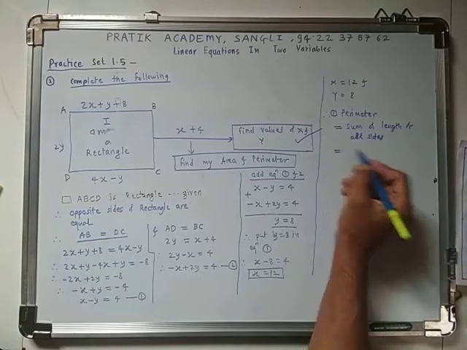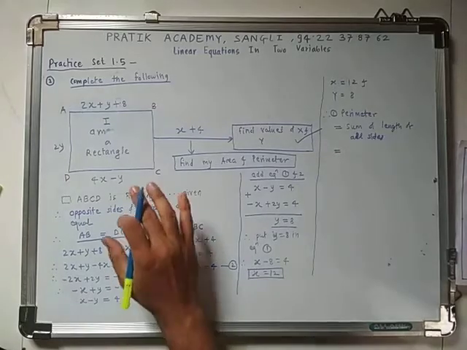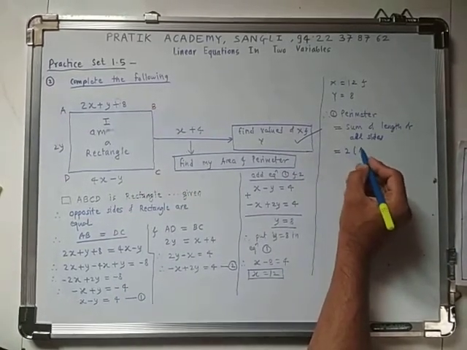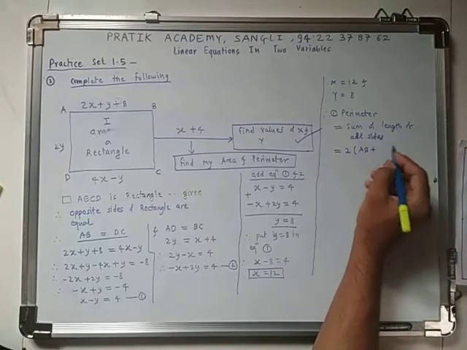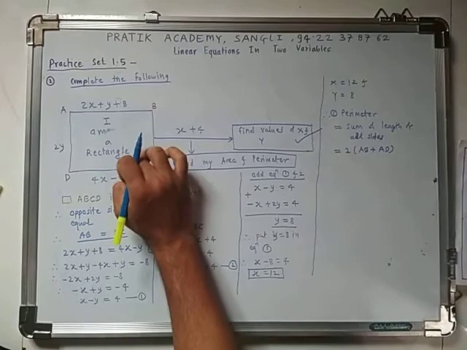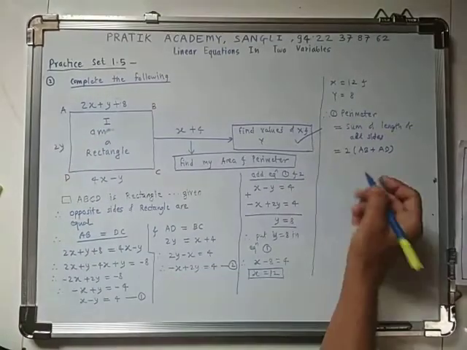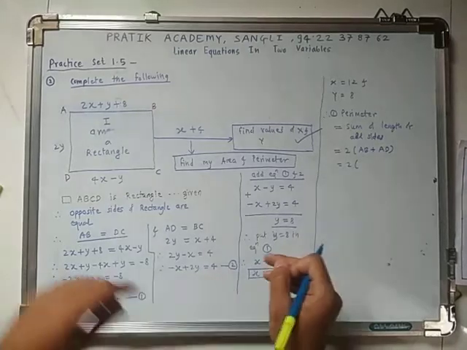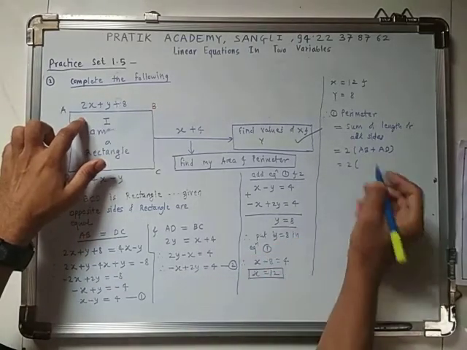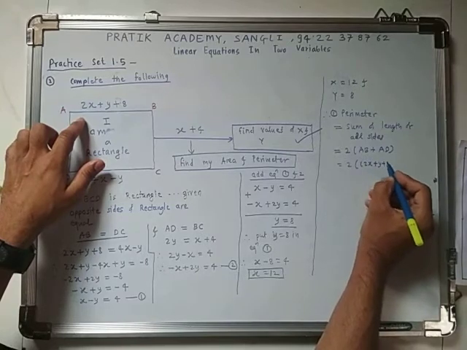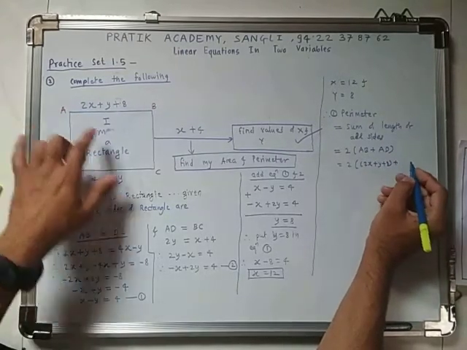Okay, and for a rectangle, what will be the formula? 2 times AB plus AD, because opposite sides are equal. So put here 2 times. What is the length of AB? Then 2x plus y plus 8, and what is AD?